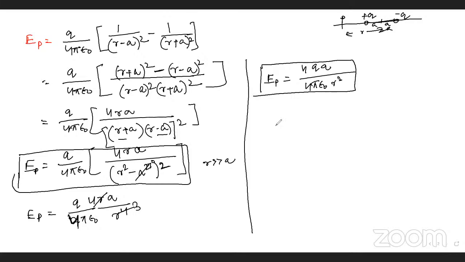And what is the electric field direction? You see, E plus q will be bigger than E minus q, because the minus q charge is farther, at more distance than the plus q for point P. That's why E plus q will be greater than E minus q, so the direction of the field will be along E plus q.